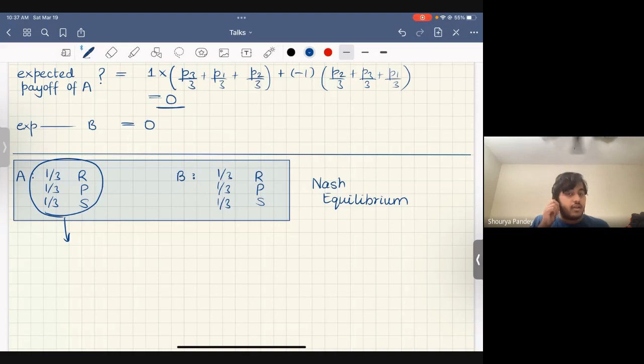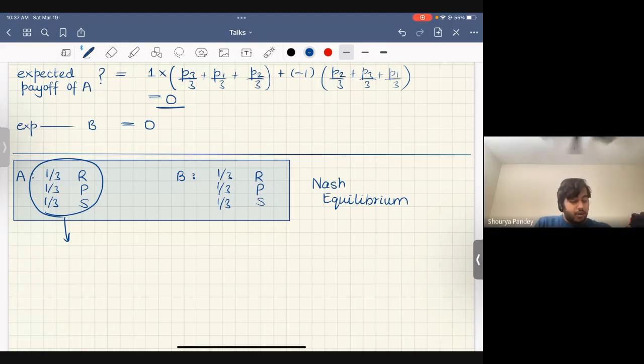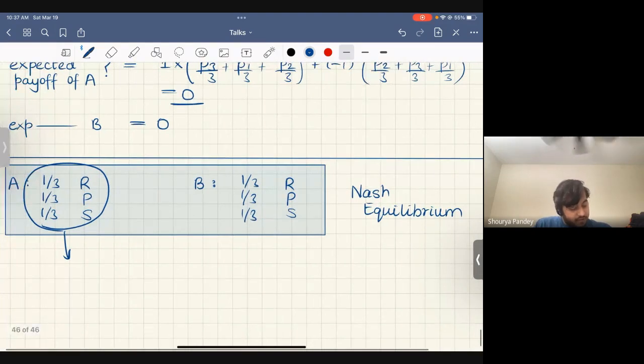But here it's 1/3 throughout. It's all equivalent. Correct, but note that this itself is a strategy, right? This is one strategy. The strategy itself is to pick R with probability 1/3, P with probability 1/3, and S with probability 1/3.